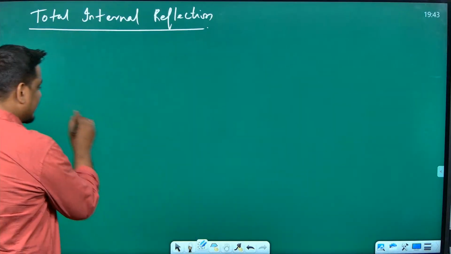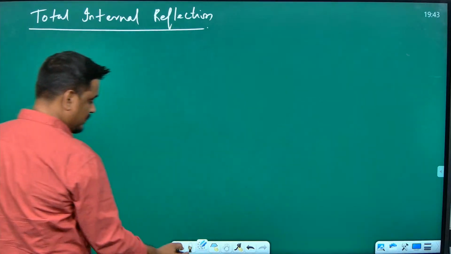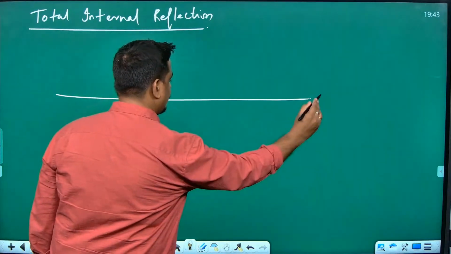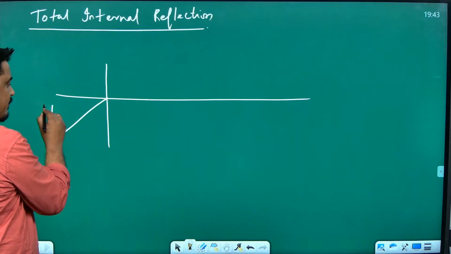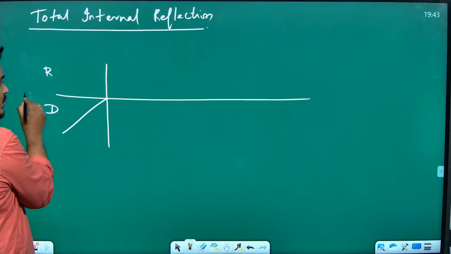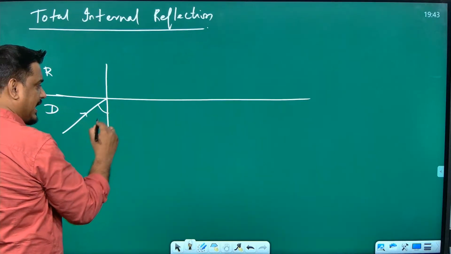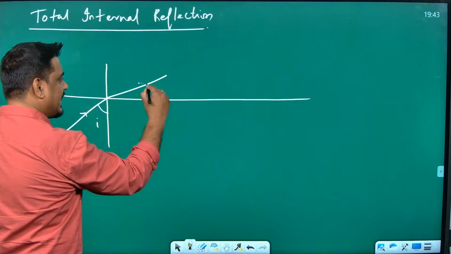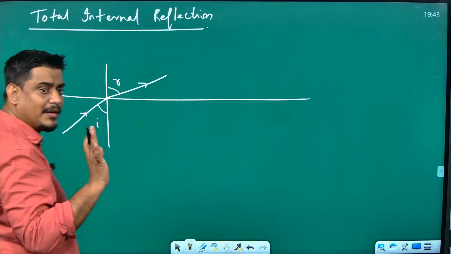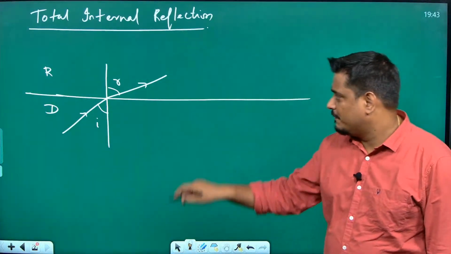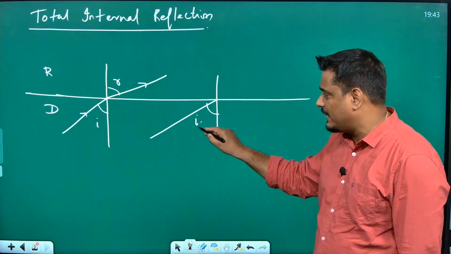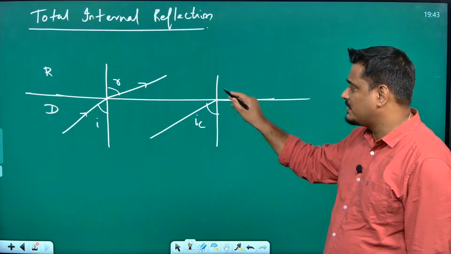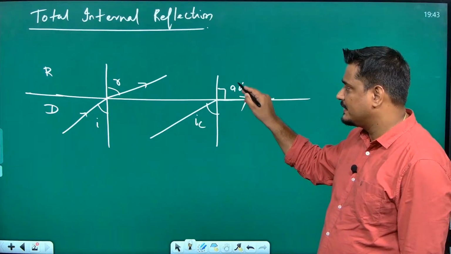I am drawing once again for you, see there are three possibilities. Here light is travelling from which medium? Denser medium to a rarer medium. This is the angle of incidence and this is the angle of refraction. Normal refraction is taking place. When angle of incidence becomes equal to critical angle, then angle of refraction becomes 90 degree, isn't it?